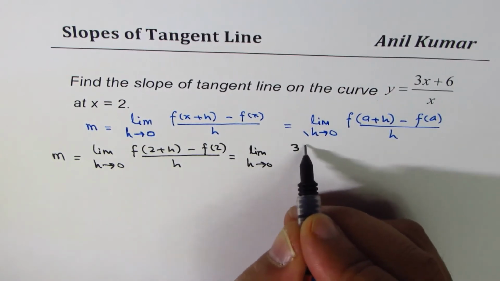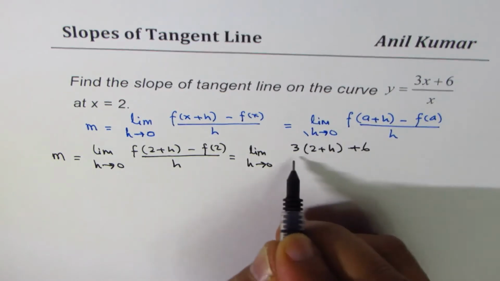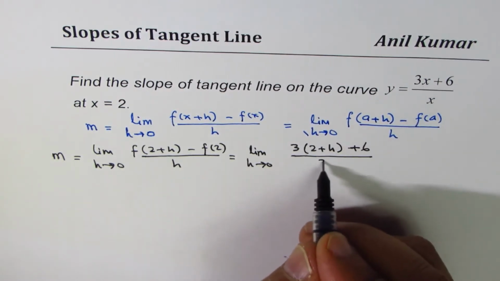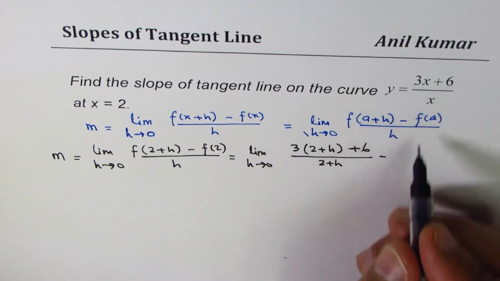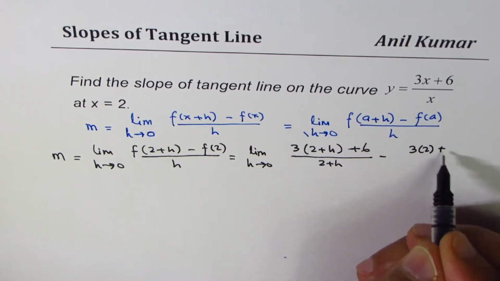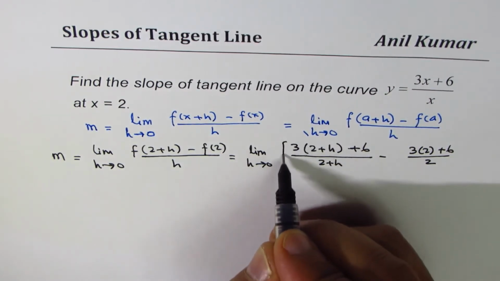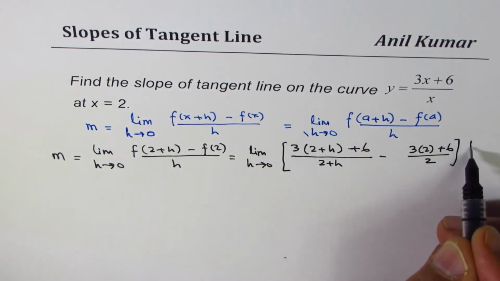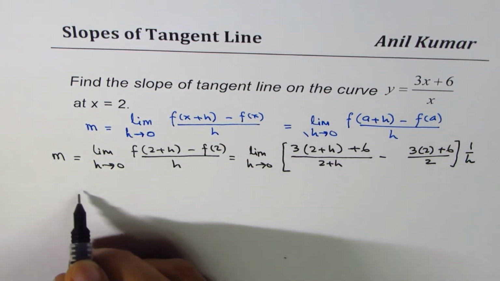So we get (3(2 + h) + 6)/(2 + h) minus the function at 2, 3 times 2 plus 6 over 2, divided by h. So we could say multiplied by 1 over h, same thing. So let's simplify this.